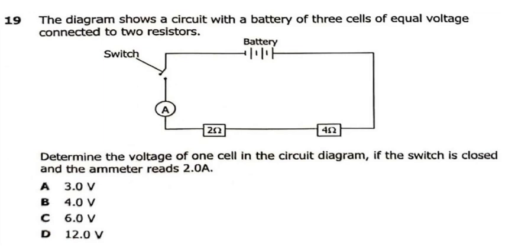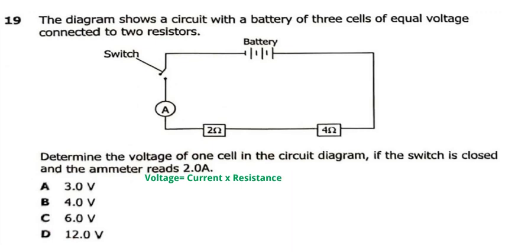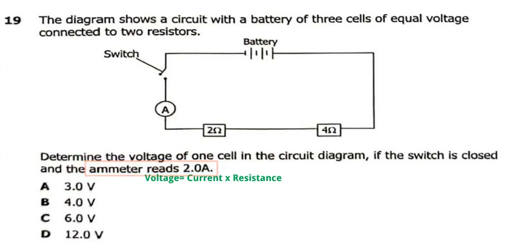First of all, we need to come up with a formula for finding voltage when amps and ohms are given. The formula is voltage is equal to current times resistance. So what is the current? The current is given here in the question, which is the ammeter reads 2.0 amps.